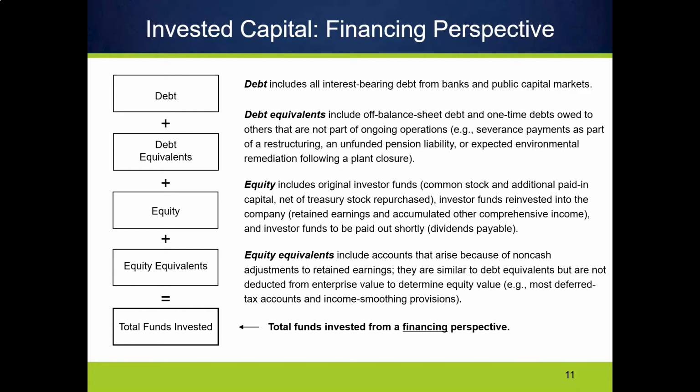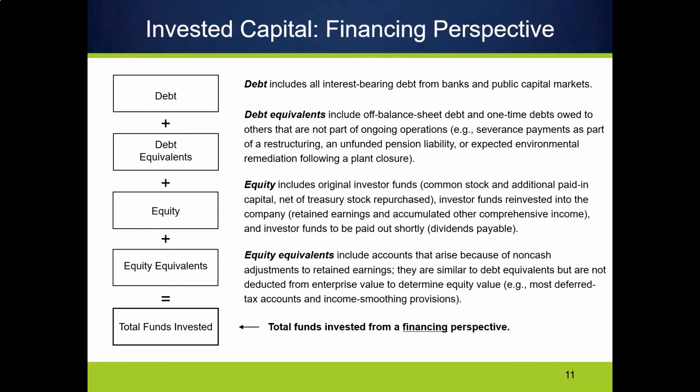So we went through our balance sheet and we checked off all of the operating assets, all of the operating liabilities. Everything that's left has to be the other side. It has to be debt or debt equivalents because we identified it as financing. Or it has to be equity or equity equivalents because we identified it as non-operating.